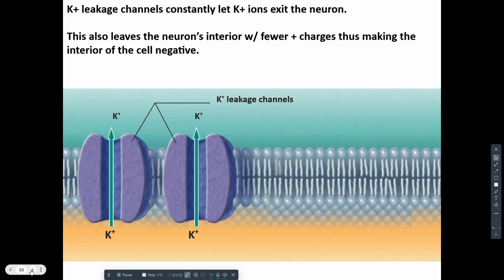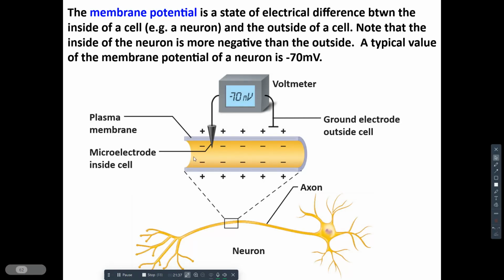Also, throughout my neuron, in my dendrites, in my axon, in my soma, in the phospholipid bilayer, there are these proteins called potassium leakage channels. Potassium is always leaking out. As potassium leaks out, that is going to make the interior of the cell more negative. And again, notice that the interior of the cell is negative compared to the exterior.